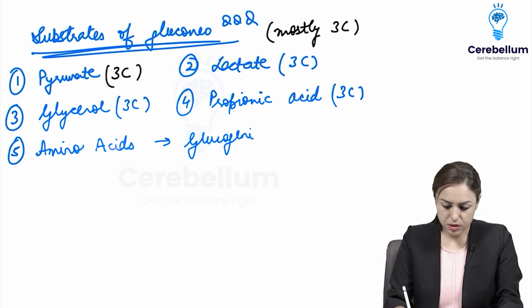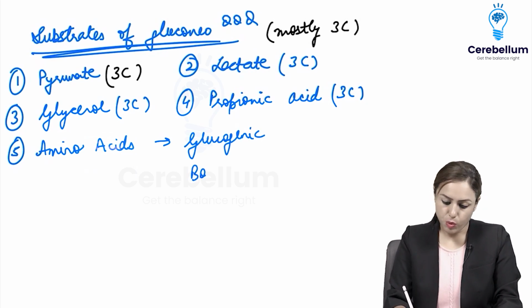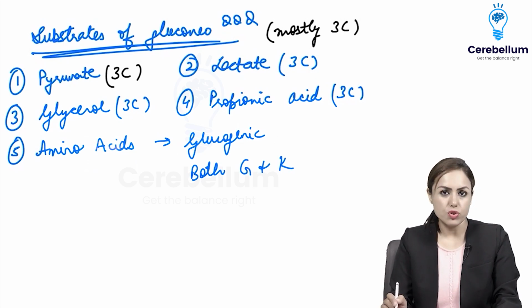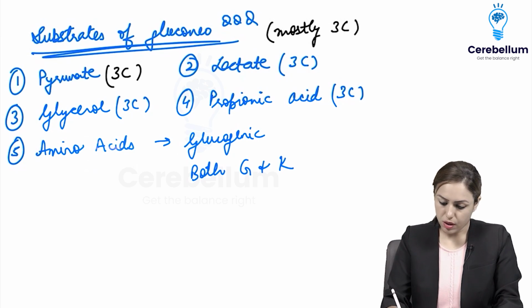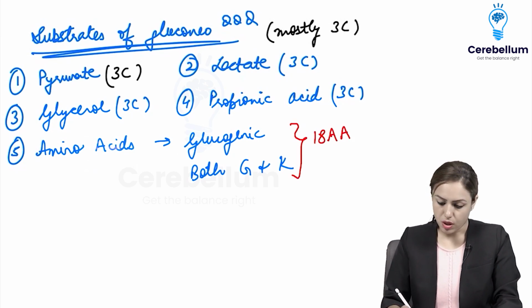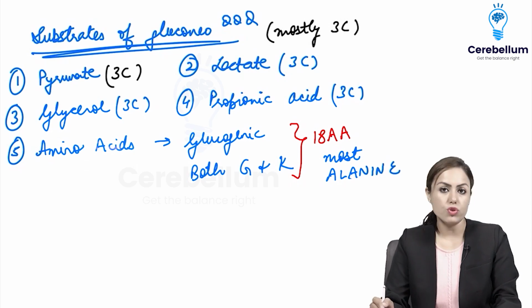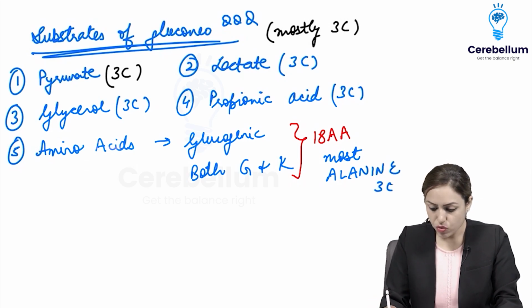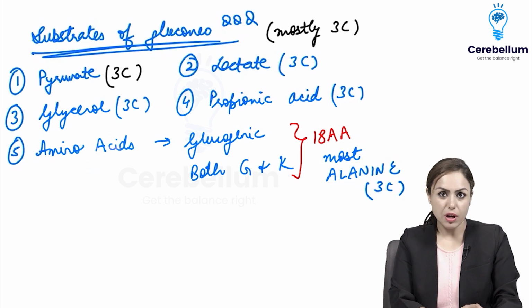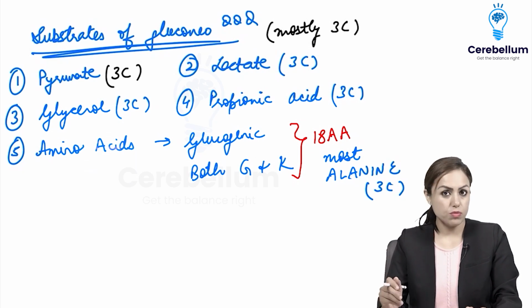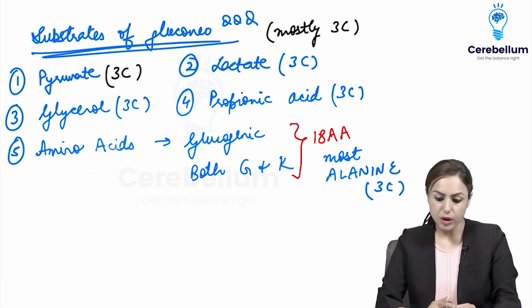Glucogenic amino acids and the amino acids in both categories, which are both glucogenic and ketogenic. There are 18 such amino acids which can make glucose. Out of these, the most glucogenic is alanine. Alanine is a 3 carbon amino acid, right? So you have seen mostly 3 carbon compounds are good substrates of gluconeogenesis.